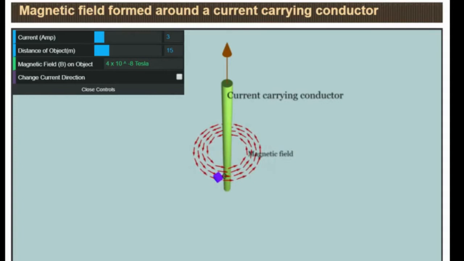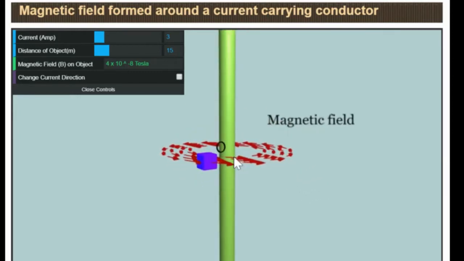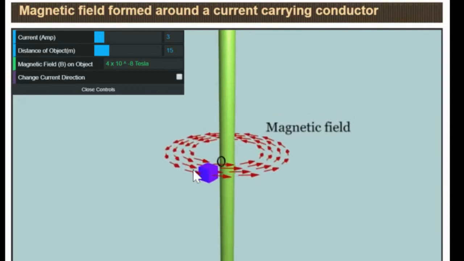Anytime we have an electron moving, it's got a magnetic field associated with it. If you have a whole bunch of electrons moving, then you have a current. In this model, this current is traveling upwards, and you can see that the magnetic field is these circles around it. This is just showing this one spot, okay?